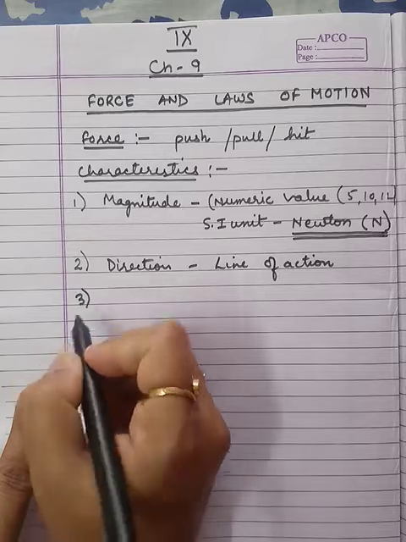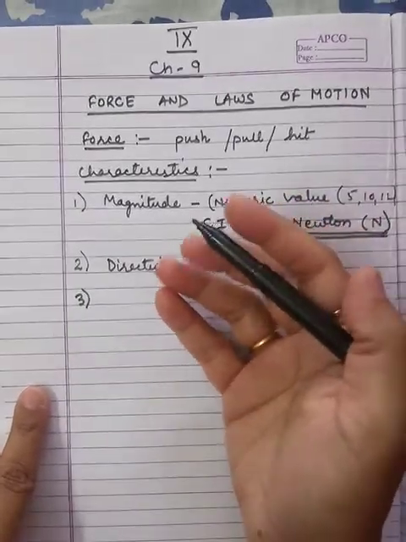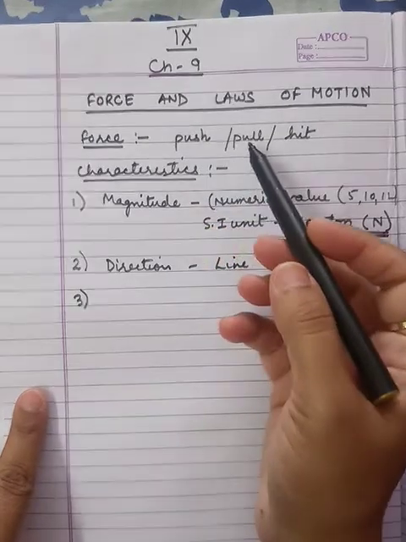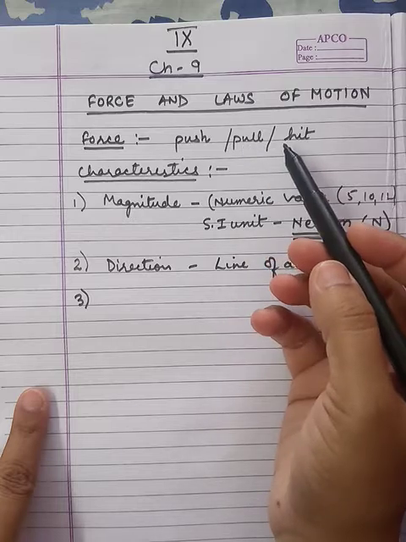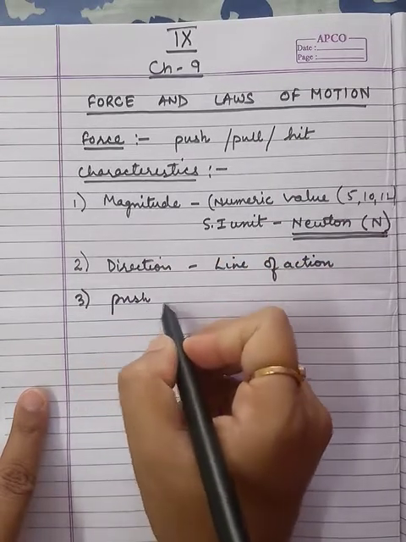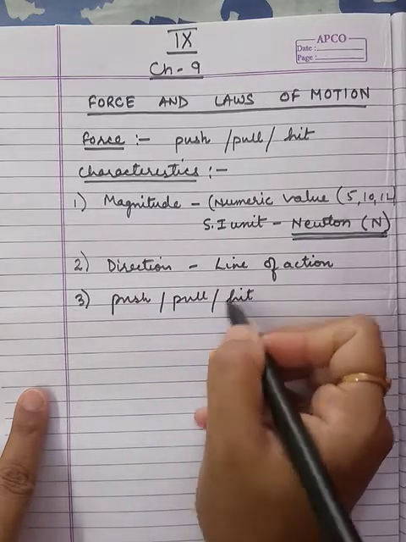Third one is, you can say it is important to characterize that whether we are considering pushing of an object or we are considering pulling of an object or hitting of an object. So third characteristic we can write whether it is push or pull or hit.